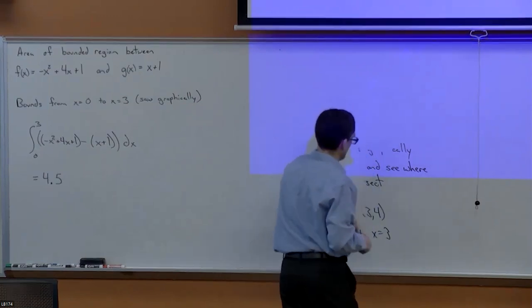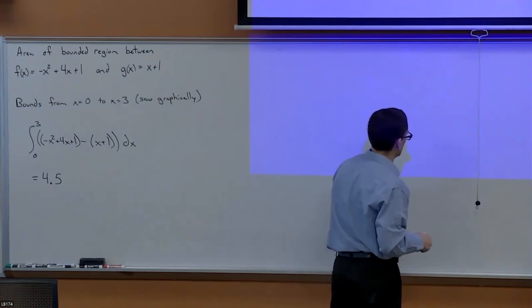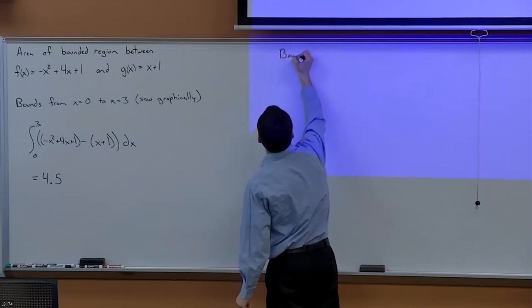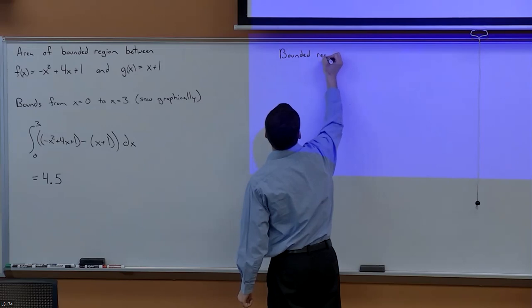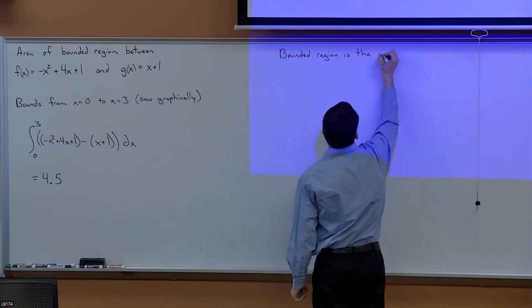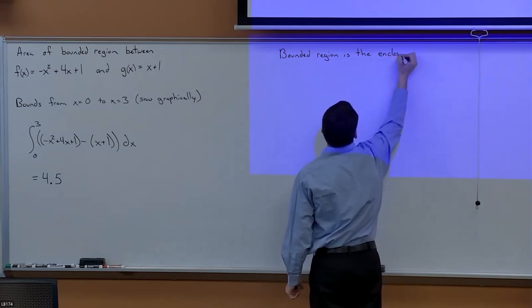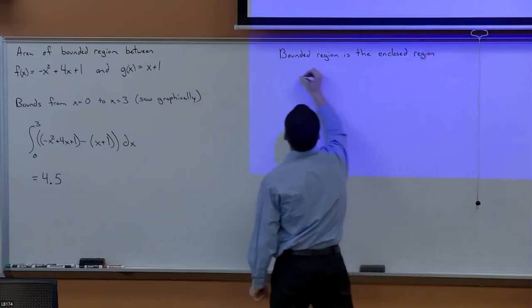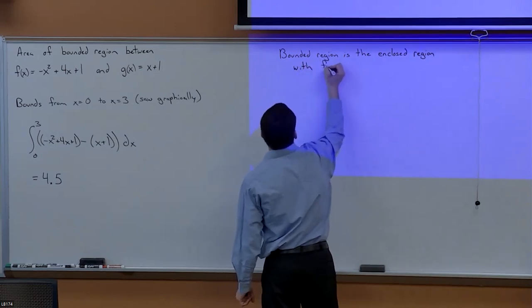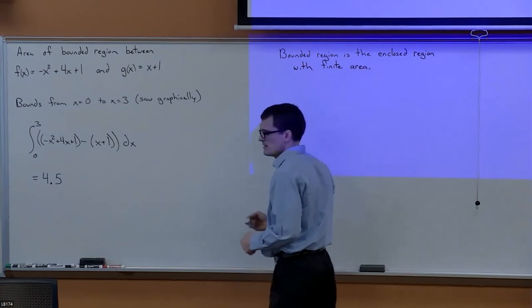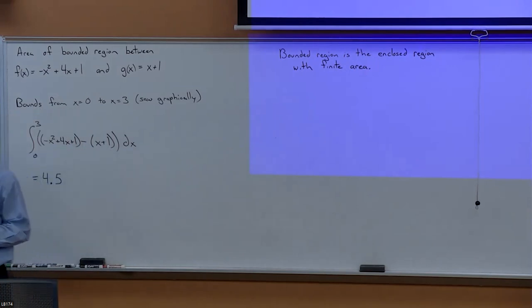The bounded region is the one that's enclosed and has a finite area. So it's the enclosed one with the finite area.